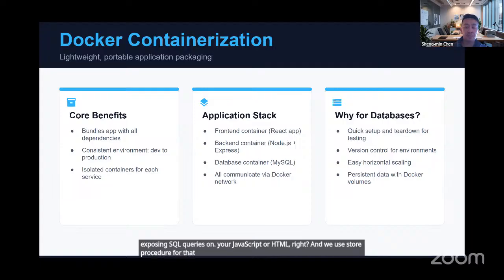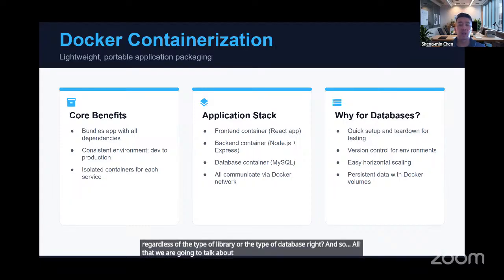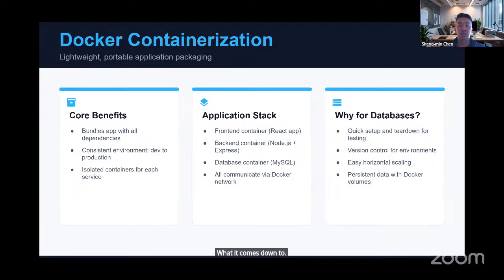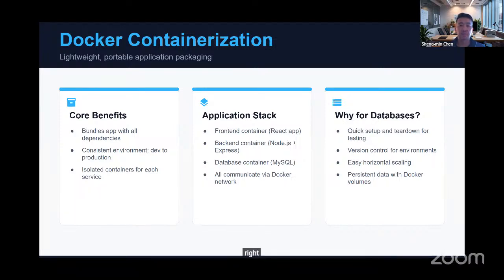And in modern technology, especially web technology, there are so many other options, regardless of the type of library or the type of database, right? So we are going to talk at a high level about what it looks like for these different stacks, and what the networking is actually doing with the database.